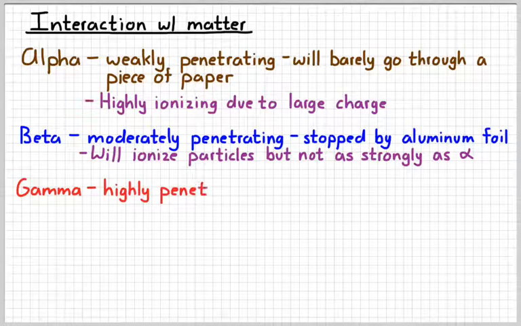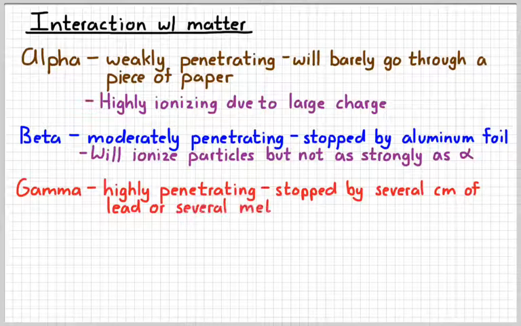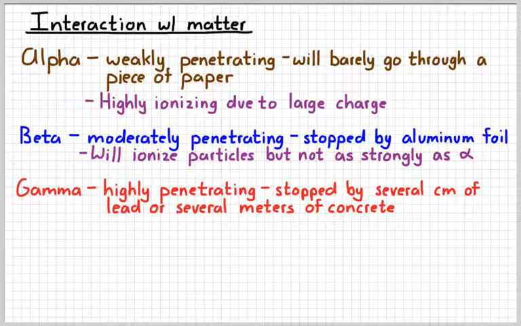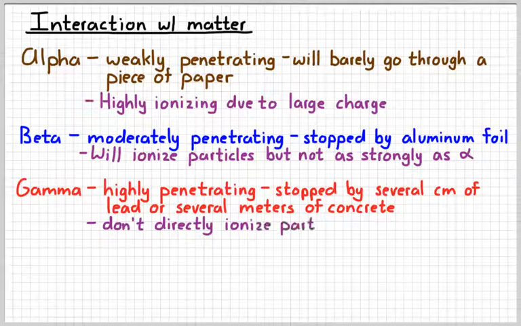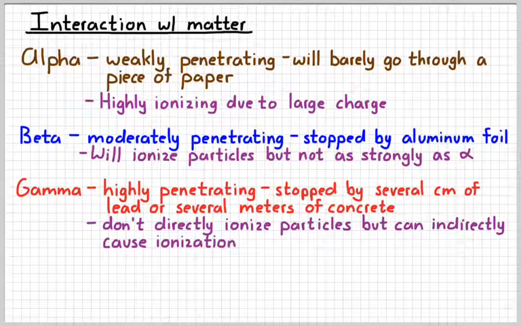Gamma waves are highly penetrating. In order to stop those, you need a couple centimeters of lead or several meters of concrete. So gamma waves will go through a lot of stuff. Because they're not charged, they don't ionize particles directly, but they can cause reactions which will cause other things to ionize. So they can indirectly cause ionization.